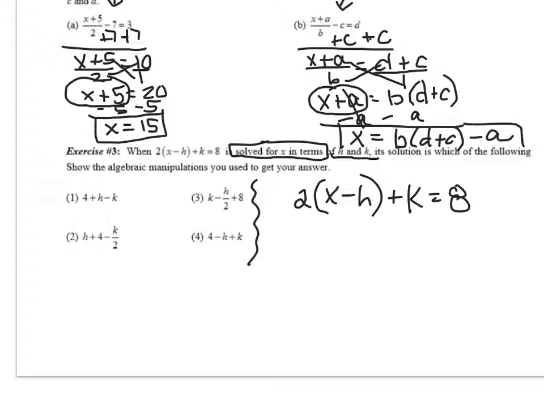Well, solving for x in terms of h and k means that your expression, that is the solution to this literal equation, is going to have an h and a k in it. So here's the variable we're trying to get by itself. Keep in mind also that you could be asked to solve for k in terms of h and x. You just got to read the directions.